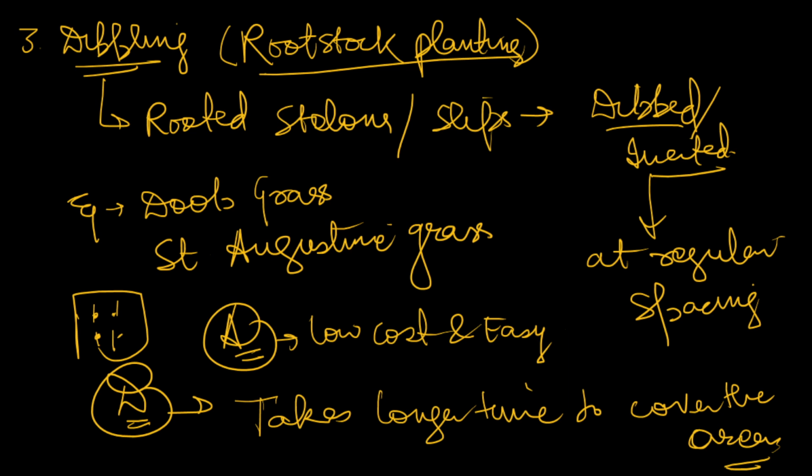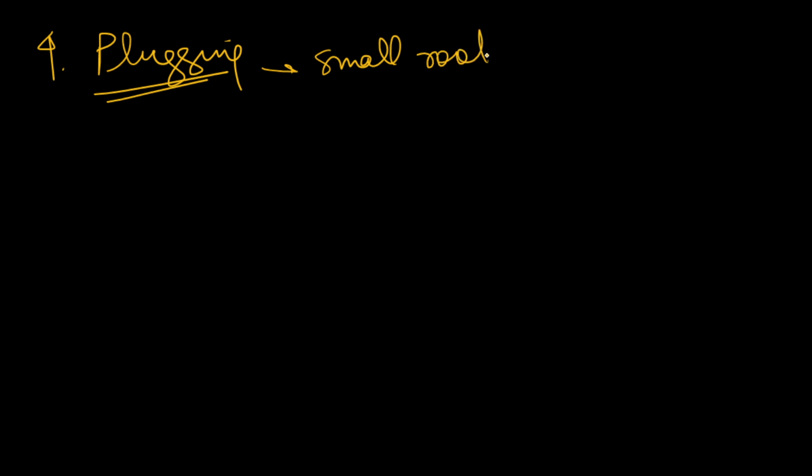Now the fourth one is plugging. In plugging, small rooted grasses, also known as plugs, with some soil are planted at certain intervals.